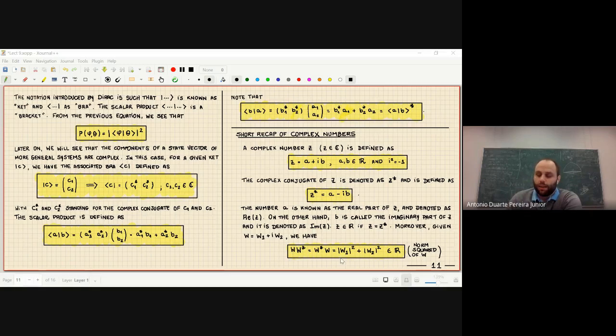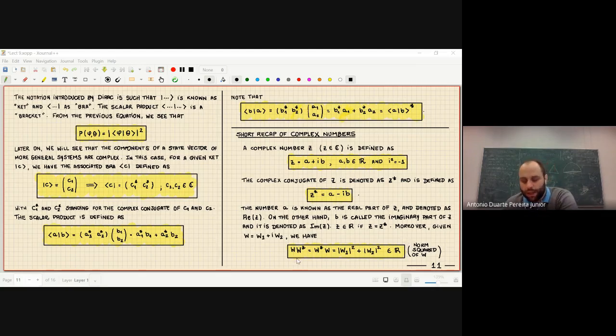If you work out the explicit expression, this will be the absolute value of w1 squared plus the absolute value of w2 squared. So if you take w times w star, this will be a real number.